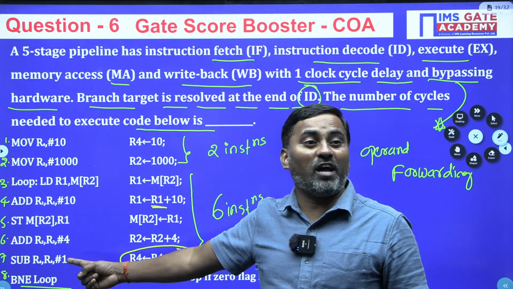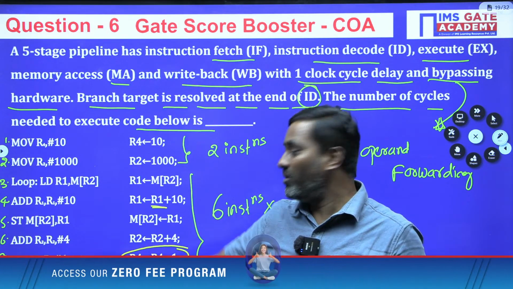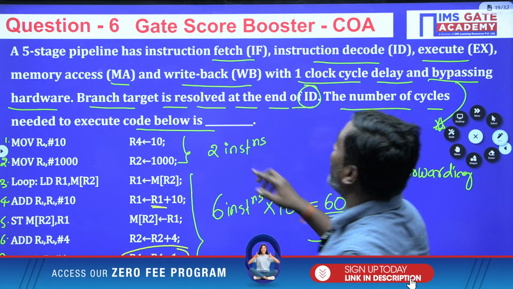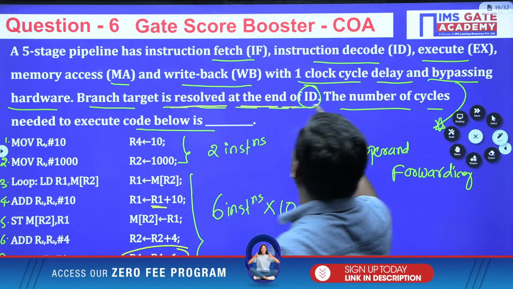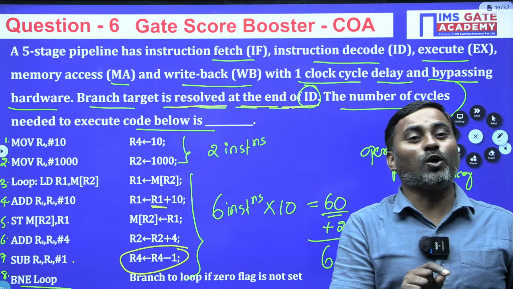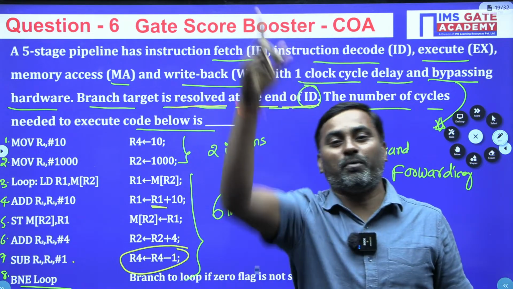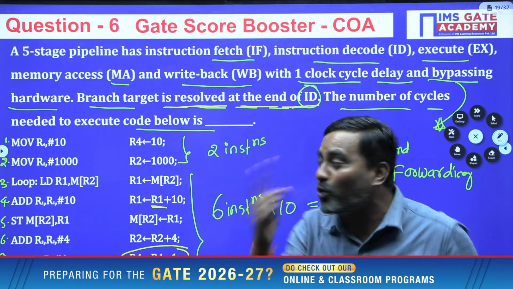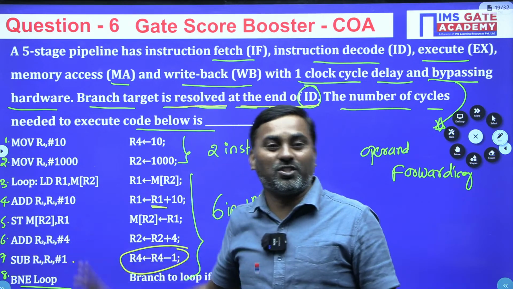So the branch target is resolved at the end of the decode stage only. At the end of the decode stage only you want to jump. To jump, I should know the flag value. The flag value will be produced by the execution stage for the subtraction.